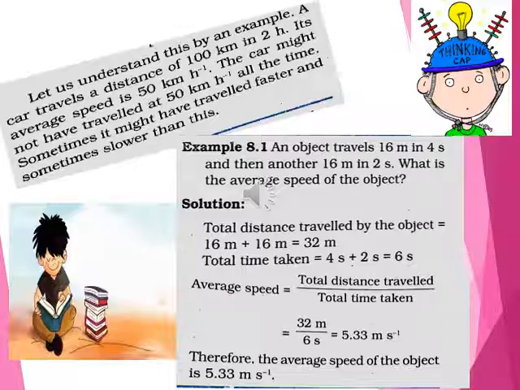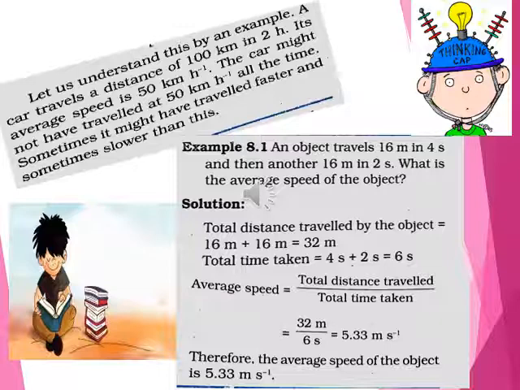First we will calculate the total distance traveled by the object, and it is 16 meter plus 16 meter, that equals 32 meter. Then add the total time required by the object to travel this total distance of 32 meter.